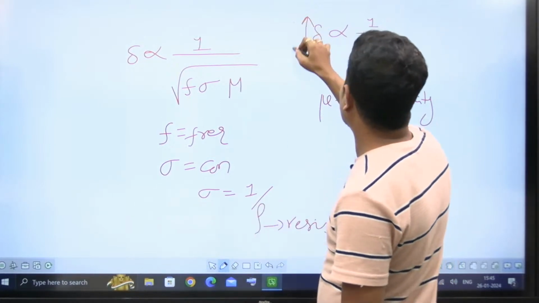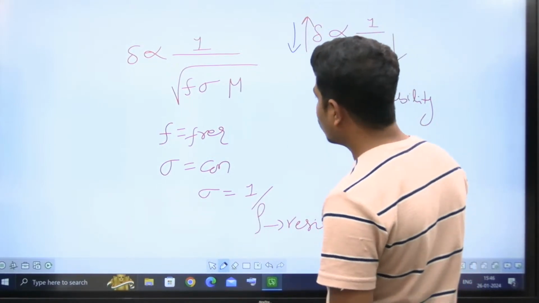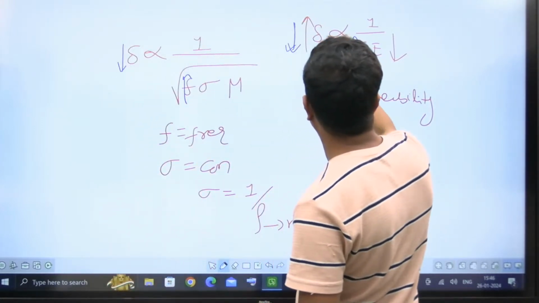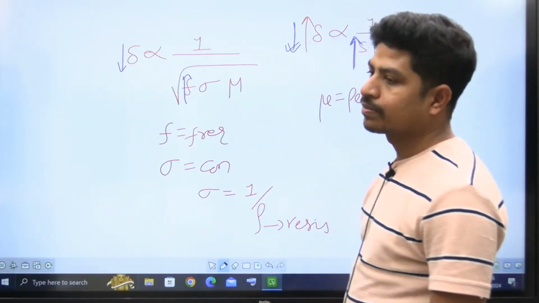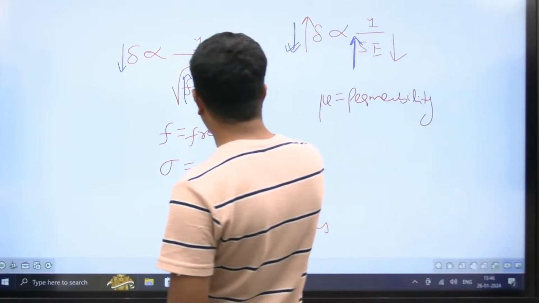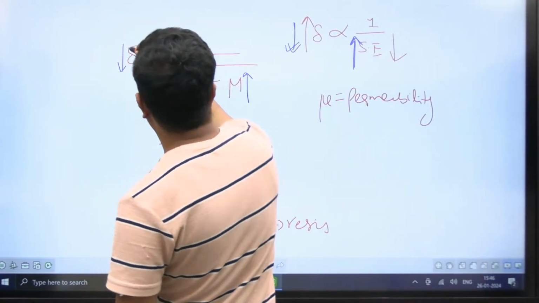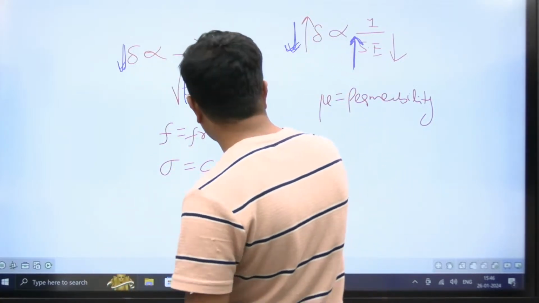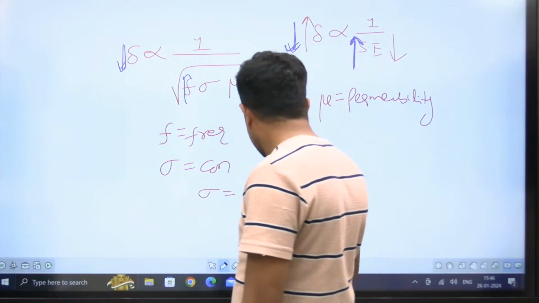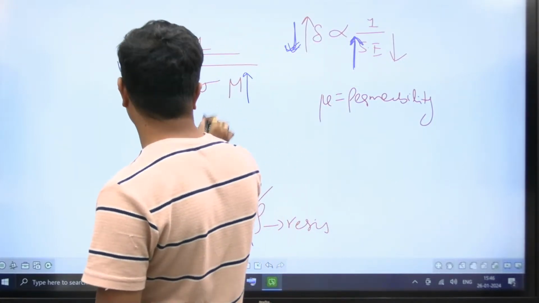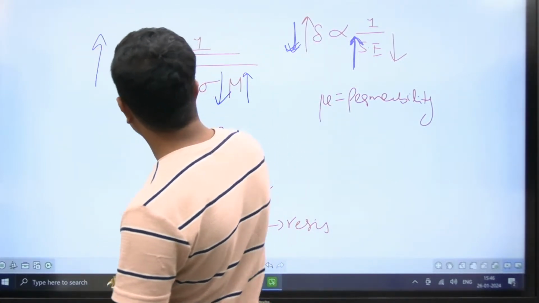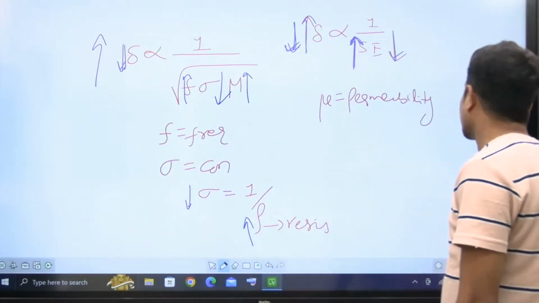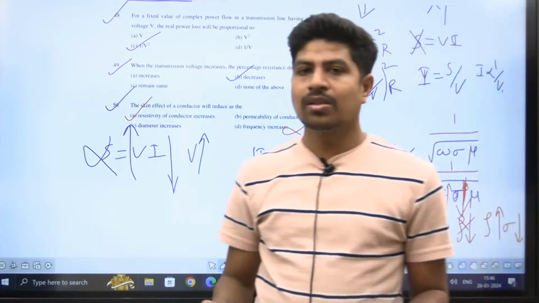If less is delta, more is skin effect. Now, if frequency increases, delta decreases, skin effect is more. That is wrong. If mu increases, delta decreases, meaning skin effect is going to increase. Next one is rho. If rho is increasing, sigma is decreasing. If sigma is decreasing, delta is increasing. If delta is increasing, skin effect is going to decrease. So this is about that question.